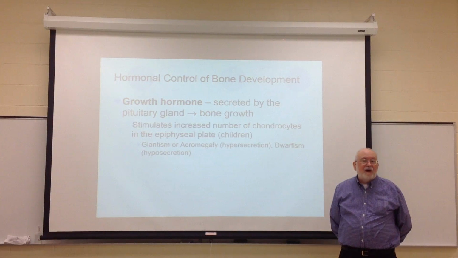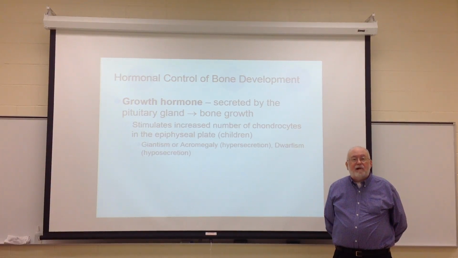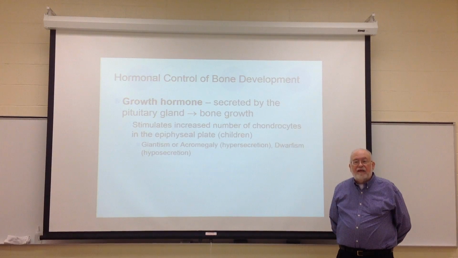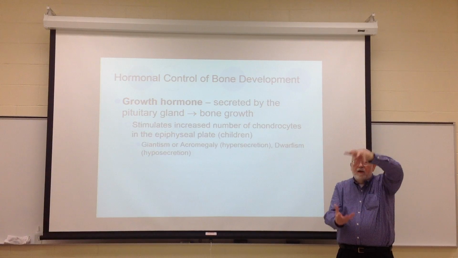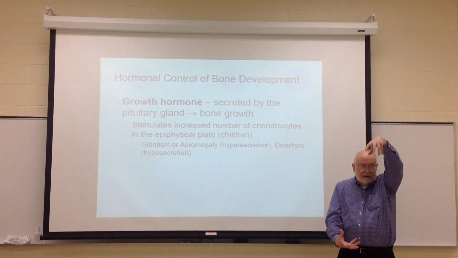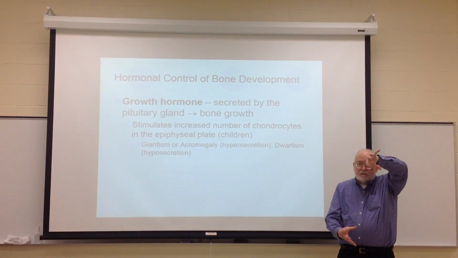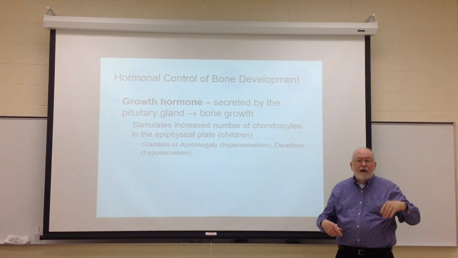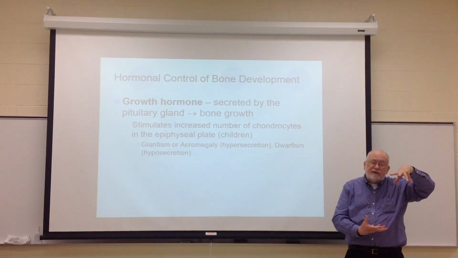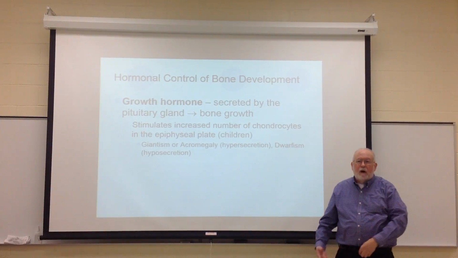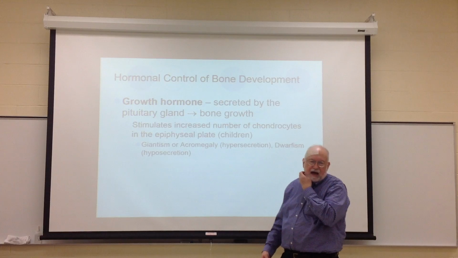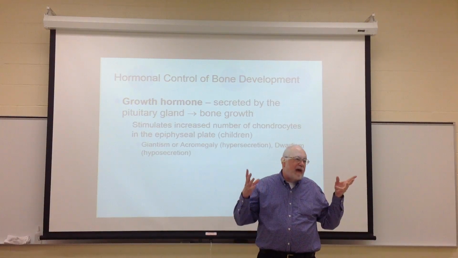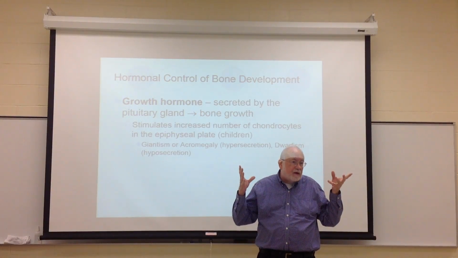How do they get thicker? Because in that case, the growth hormone is stimulating the appositional growth. Because really growth hormone does both. You've got epiphyseal growth and you've got appositional growth resulting from growth hormone stimulation. Well, if you can no longer have epiphyseal growth, and you can't, once the epiphyses have ossified, you still can have appositional growth. Bones get thicker.